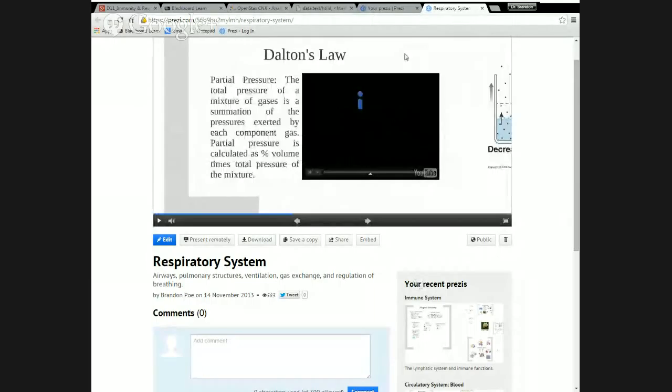So Dalton's law is basically that the total pressure of a mixture of gases is equal to the individual partial pressure of each.